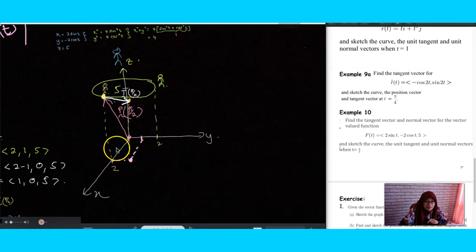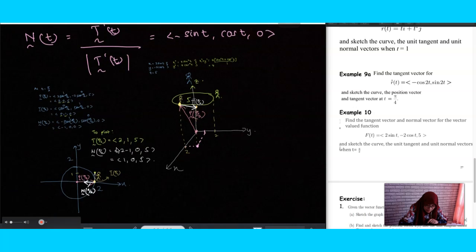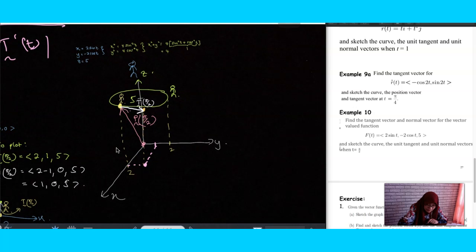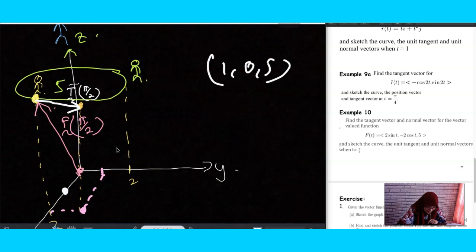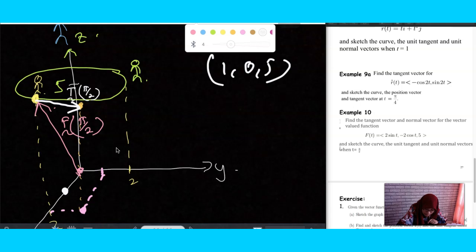So where is the point 1, 0, 5? Okay, x is 1, y is 0. So that is your point. Green, okay.